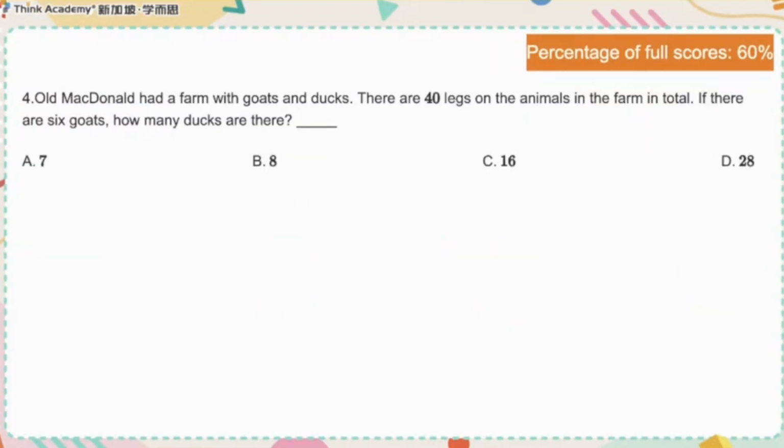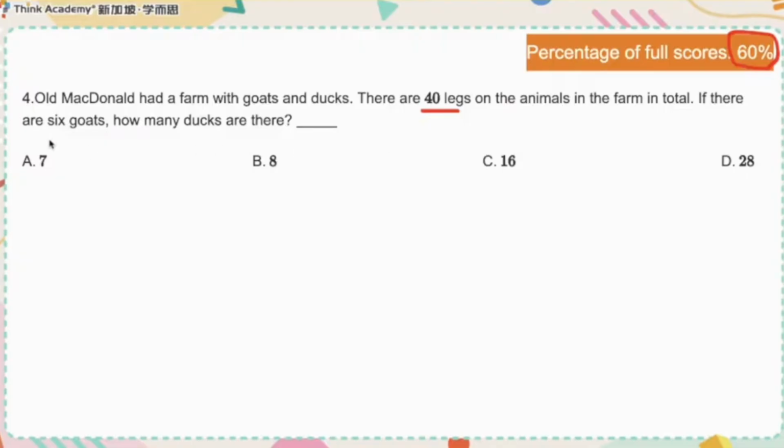Then this time, everyone, let's take a look. This time, 60% of us got it correct. Not bad. Okay, let's read the question together and see how can we solve the problem. Okay, so we can see we got a farm with goats and ducks. There are 40 legs on the animals in the farm in total, 40 legs.